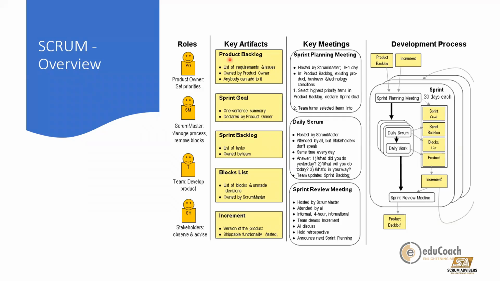Then the artifacts are the product backlog, the sprint backlog, and the increment. There are others which I added, but they had no value here in the Scrum guide, sorry. The key meetings are the sprint planning, the daily Scrum, the sprint review, and the sprint retrospective. And the development process is all mentioned here. It's the same thing that I mentioned earlier.